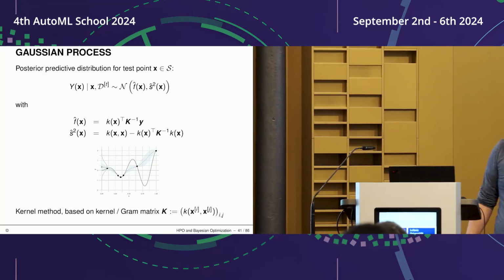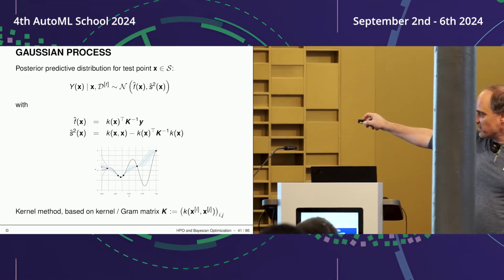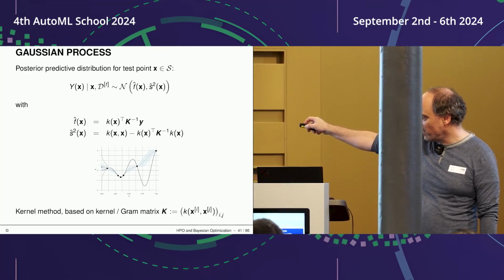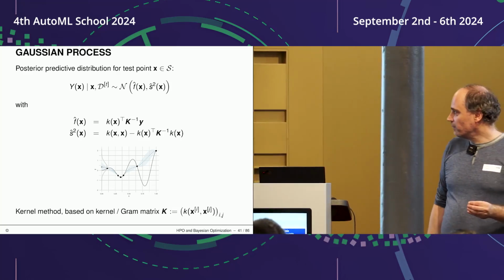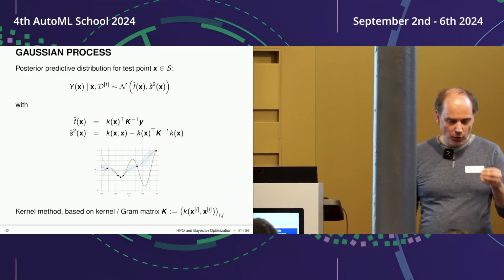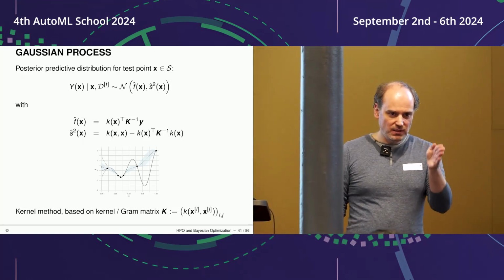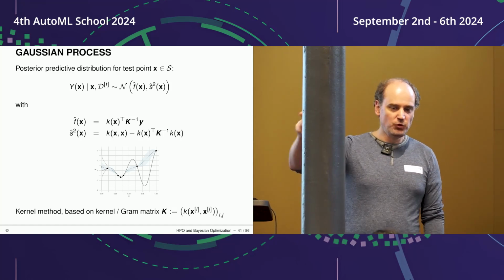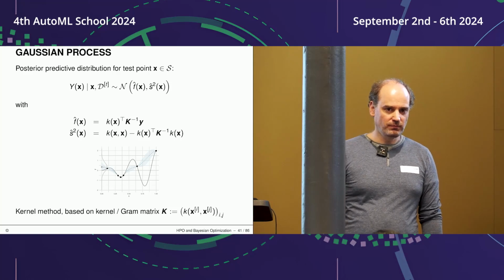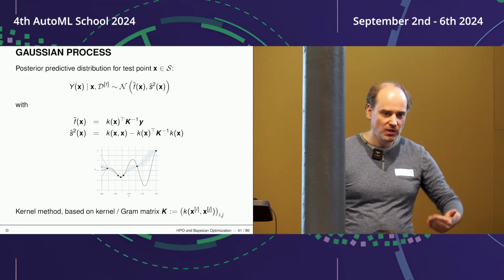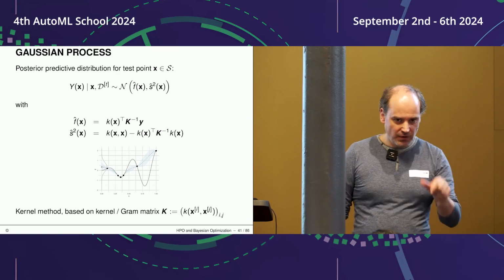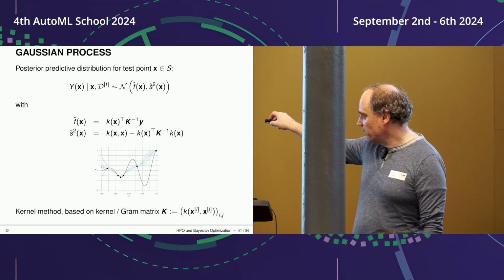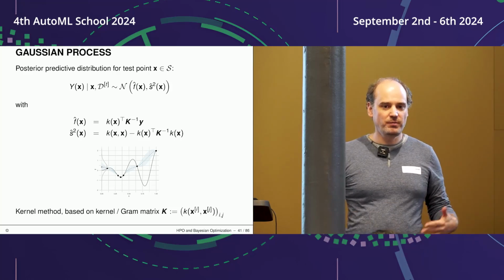Okay, back to these things here now. So this lowercase k of x is the kernel function evaluated at all training data points, comma, the new point x that we're interested in, okay? That measures the correlation between everything in my training data and the point that I'm interested in. This capital K here is just the Gram matrix or the kernel matrix.